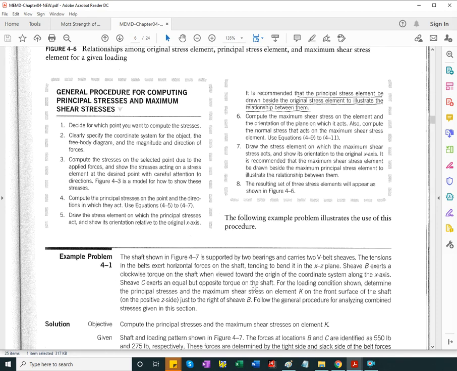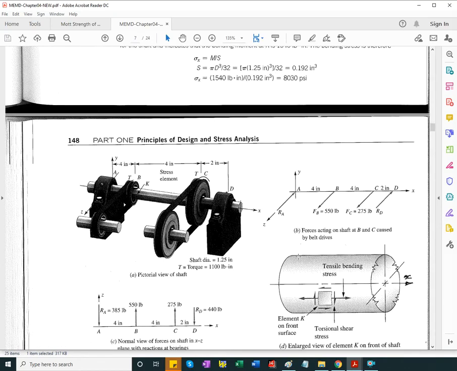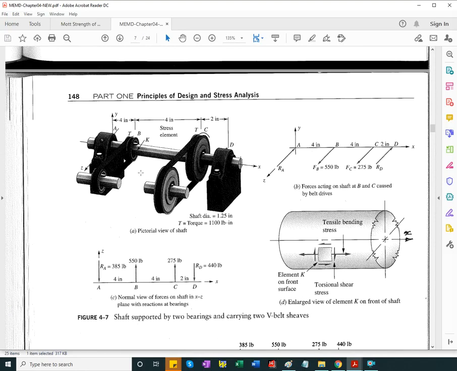The book continues, summarizing the steps. Feel free to go over the chapter at your own pace, and also study the sample problems, like this one here. This one shows a torque transmitting shaft between two pulleys, and because of the tension in the belt in the horizontal plane, which is the XZ plane, we have bending.